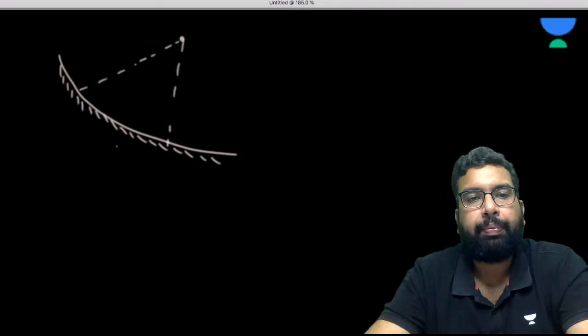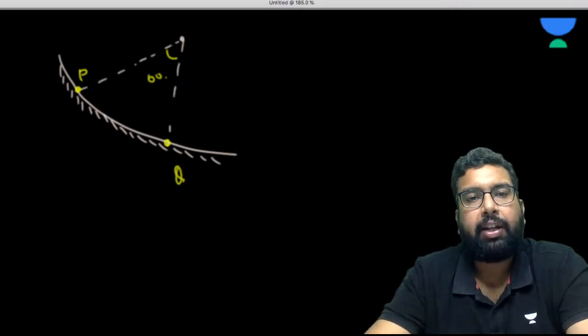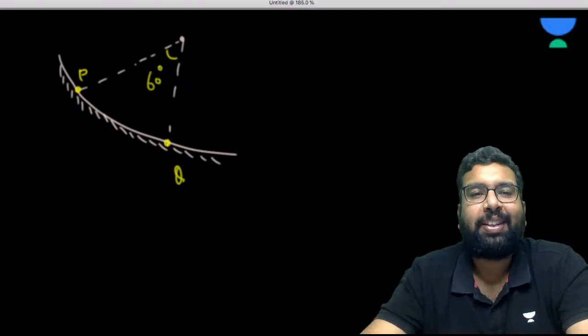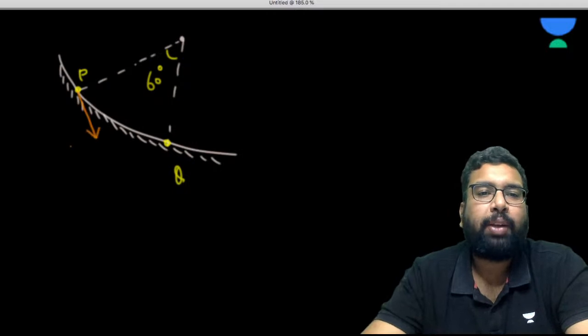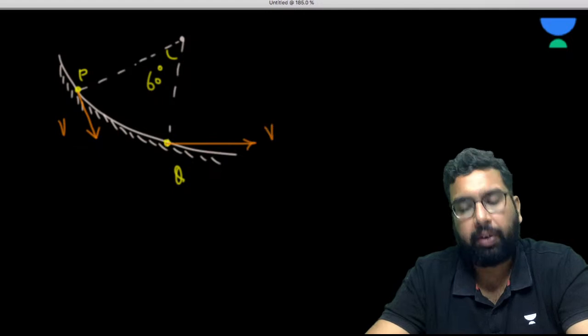Now this is P, this is Q. And the angle between this is 60 degree. In a uniform circular motion, small points, if you remember, are going to be very helpful in the long run.